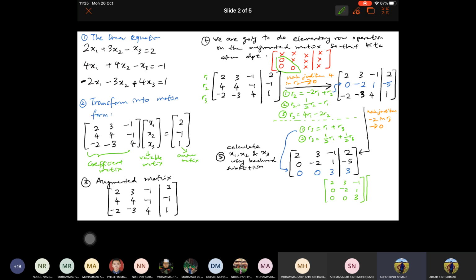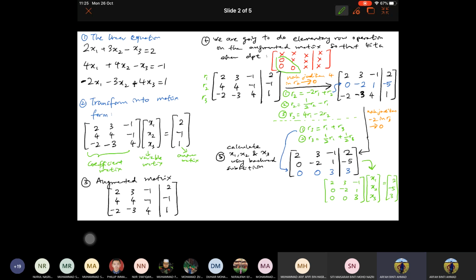Okay. Darab dengan x1, x2, x3 sama dengan 2, negatif 5 dan juga 3. Okay. So itu sebenarnya adalah operation dia. Ini adalah sebenarnya apa yang awak dapat.